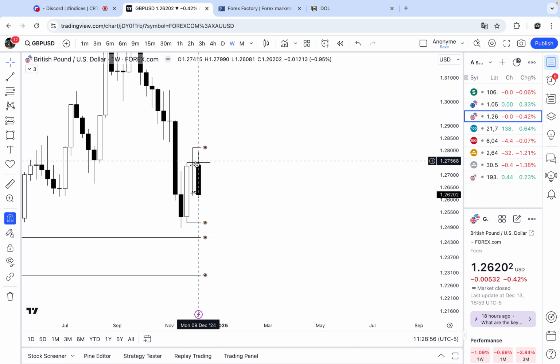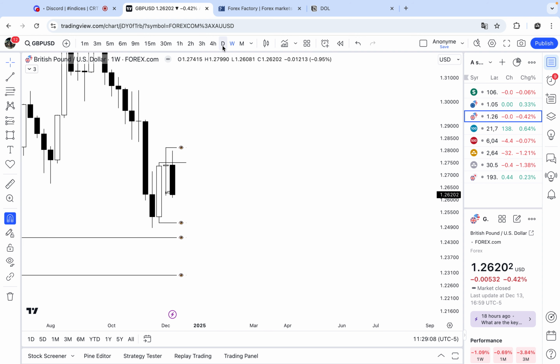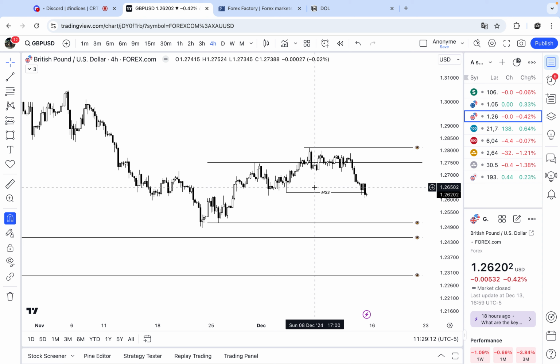Can we anticipate a market structure shift? A market structure shift will happen when the weekly high is purged. This is the weekly high.